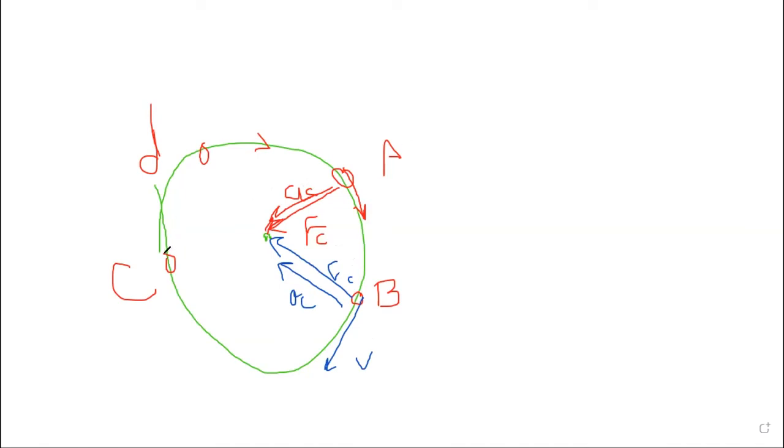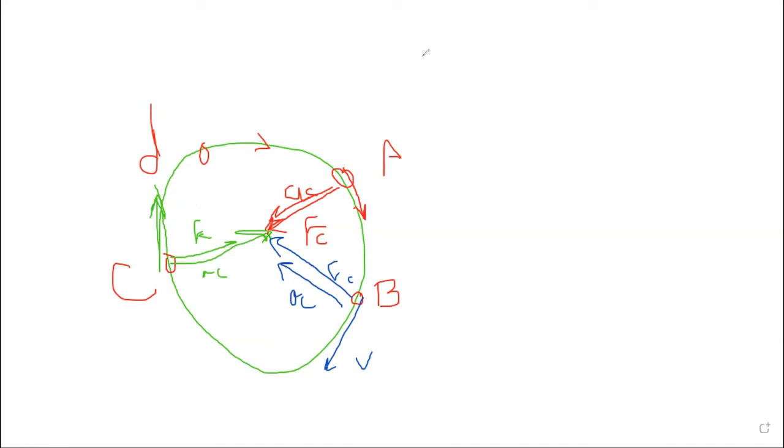At position C, the direction of centripetal force is toward the center. What about the direction of acceleration? Toward the center. F_C, A_C. What about the direction of velocity? Perpendicular to this direction.